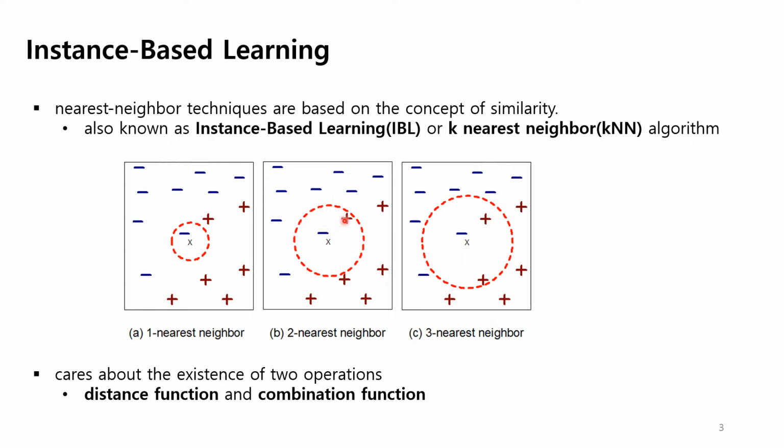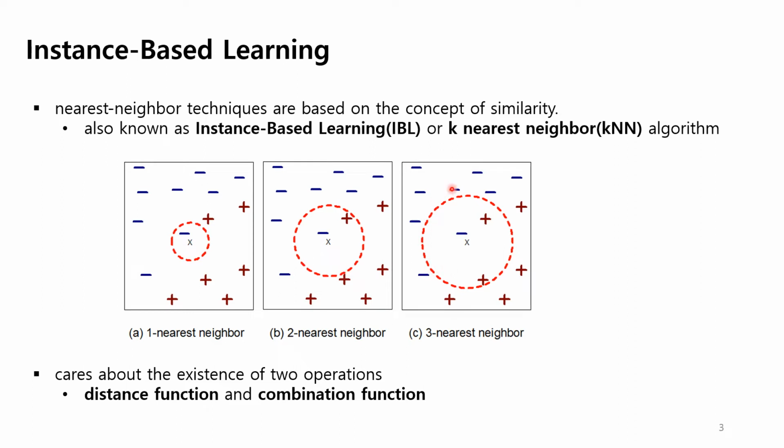But if you have different weight for each neighbor, then we conclude that this is minus, because minus is closer to X than plus is, right? So if you give different weight to each neighbor, we say this X is minus. Okay, we're going to talk about this later on.